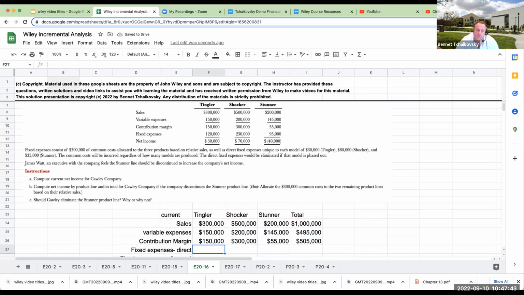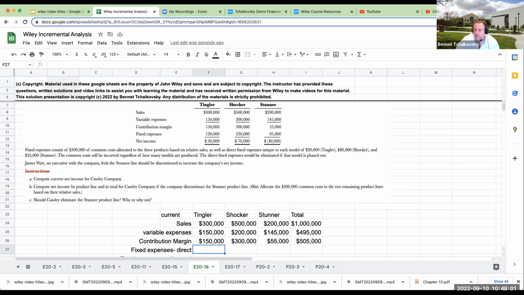Now this is really important: where are the numbers coming from? Fixed expenses consist of $300,000 of common costs allocated to the 3 products based on relative sales, as well as direct fixed expenses unique to each model.